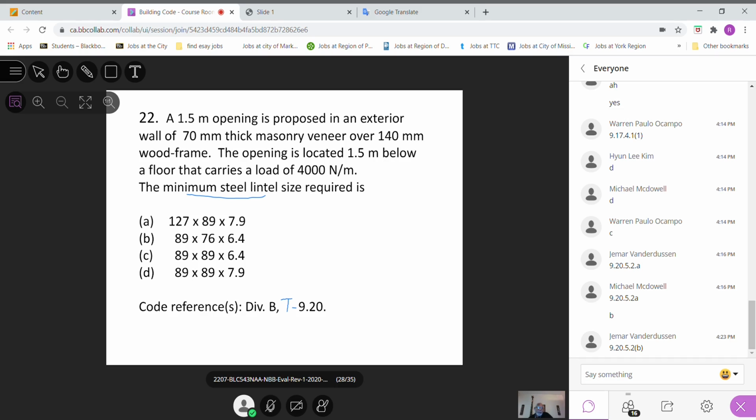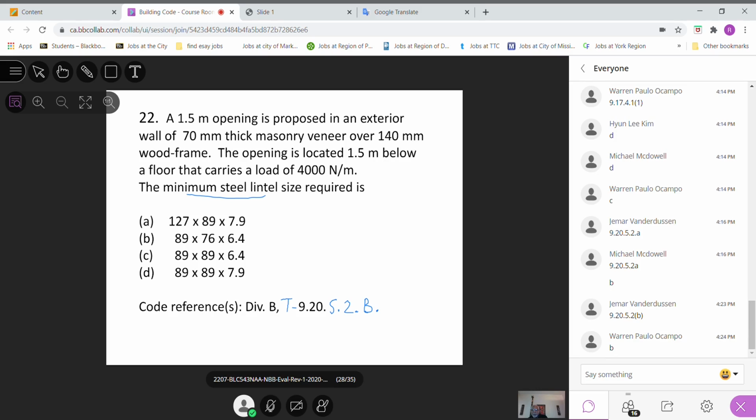I believe it's the center clause. So we got 9.25.2B. That answer would be correct.